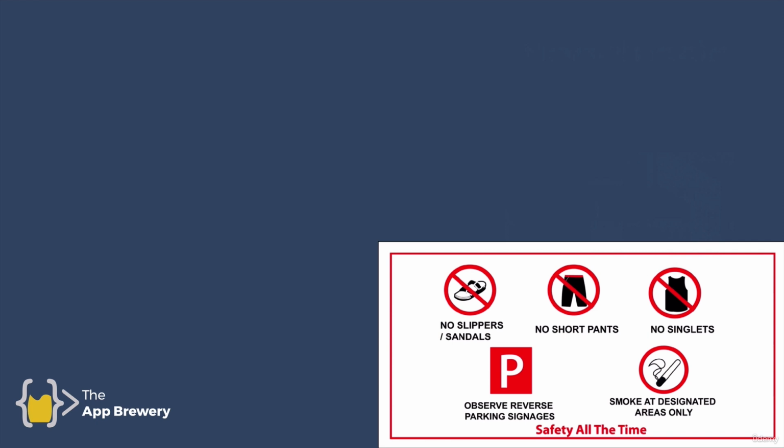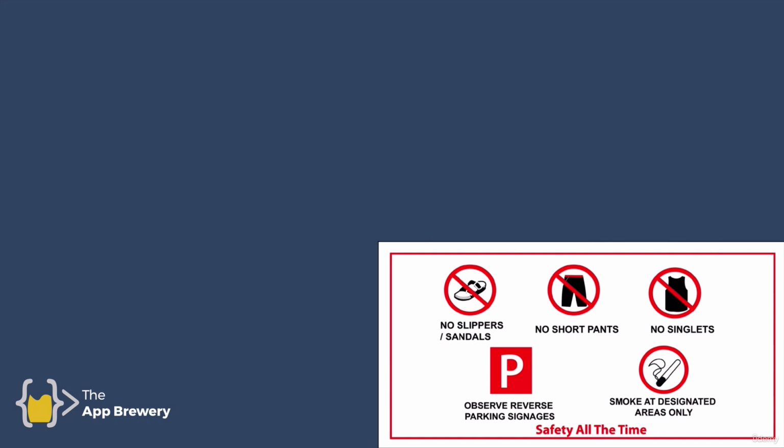So how exactly do we make our API RESTful? Well, there's a lot of rules that an API has to follow to be RESTful. And just as you have rules that you might follow at your workplace or your school, you might have a uniform, no shorts, no singlets, don't smoke in the building, you also have a whole bunch of rules for making an API RESTful.